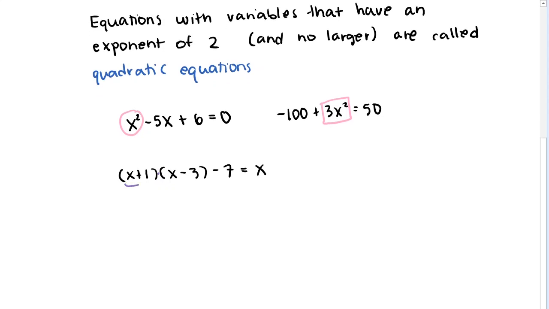And when you perform this multiplication, and we'll do it in a moment, I want to say a few things first, but when you perform this multiplication, you'll get an x squared term in there and no larger exponent on the variable x. So this will produce a quadratic term, a degree 2 term. It'll produce an x variable with an exponent of 2. And so at the end of the day, this left-hand side is a quadratic polynomial. So this is a quadratic equation.